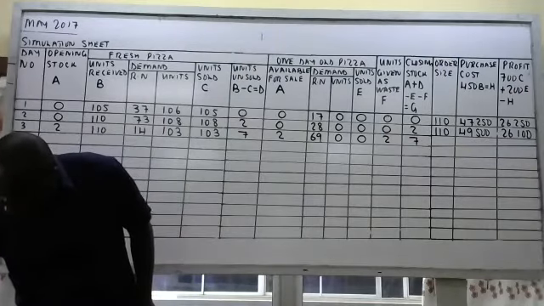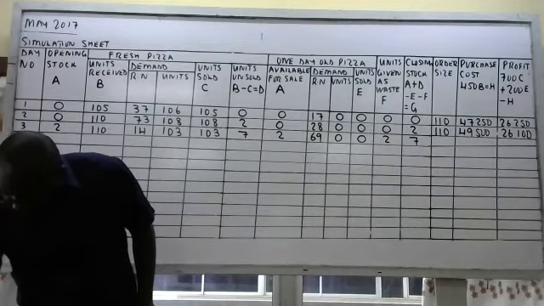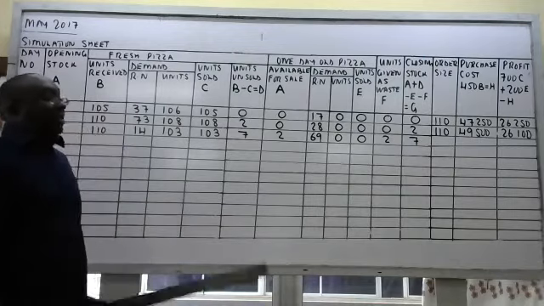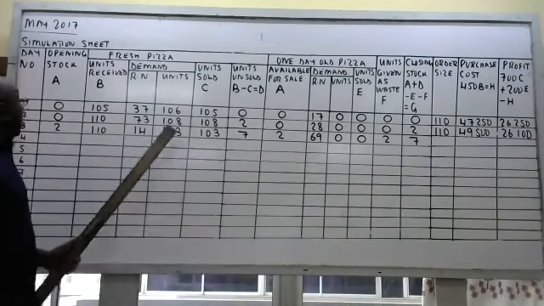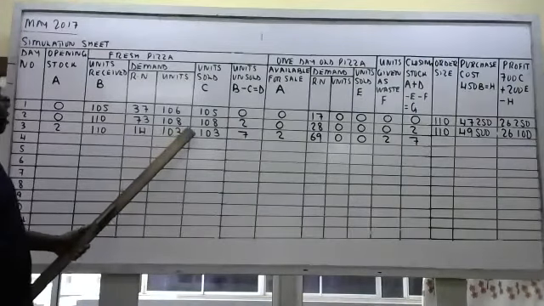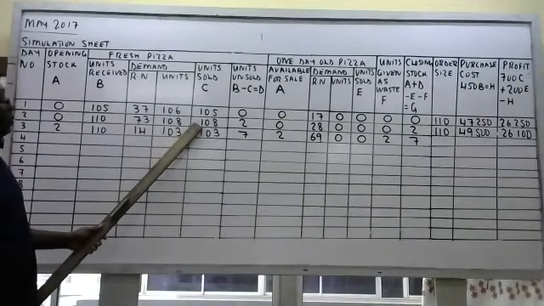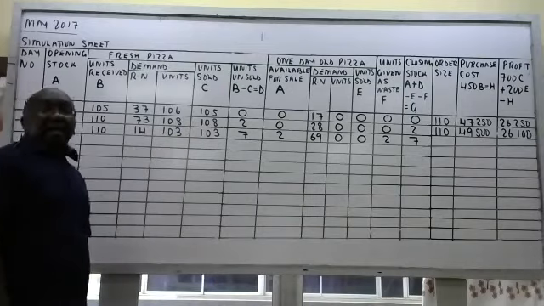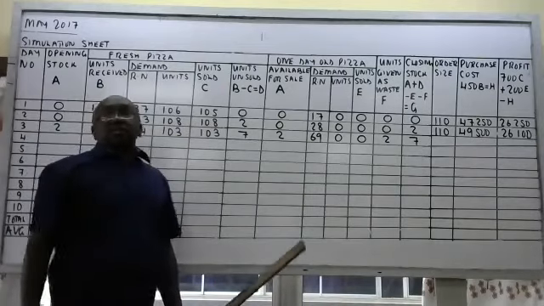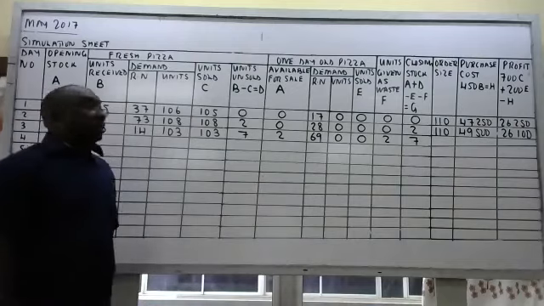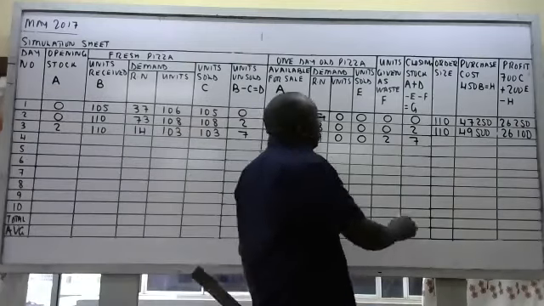An order of 110, otherwise an order of 100 or 105 is placed, whichever is nearest to the actual fresh sale. Okay, so we look at the previous day, day 2. How many did we sell? 108. So 100 and 105, which is closer to 108? So you place 105.